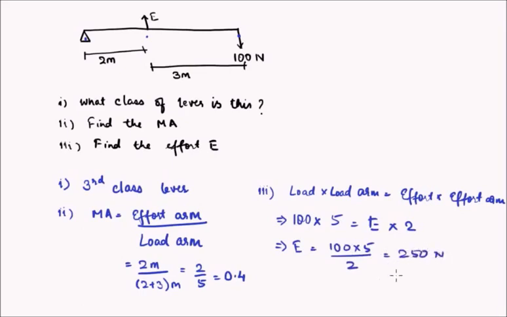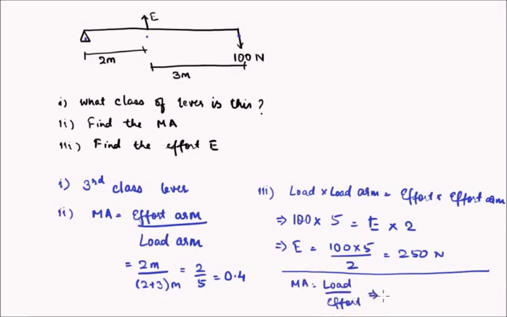And we clearly see that the effort is quite large compared to the load, as was predicted just by seeing the mechanical advantage. We have an alternate way of finding out the effort by using the definition of mechanical advantage. That is, mechanical advantage is load upon effort.